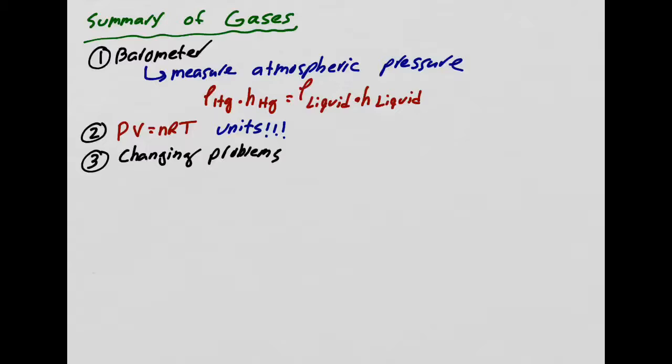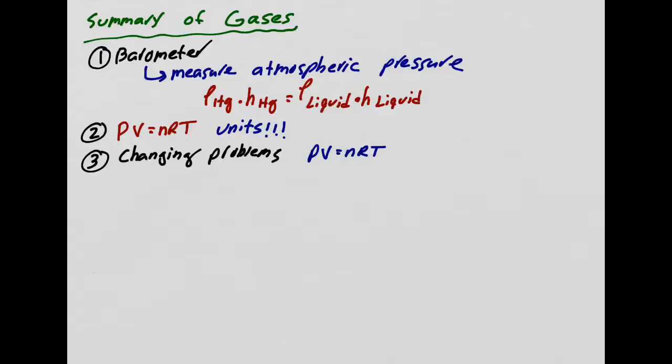Now we said the way you would do this, you would write down PV = nRT. That's our ideal gas law. And you cross out the variables that are not changing, okay? Let's say, for example, I have a changing problem.